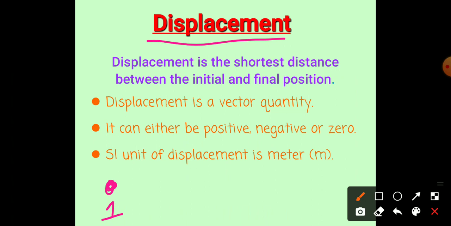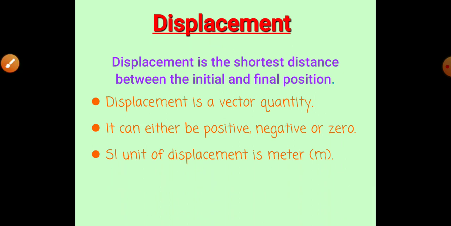Suppose after some time this point moves to another position, here. This is the second or final position of the same point. What is the shortest distance between the initial point and the final position? It will always be a straight line. This is called displacement.